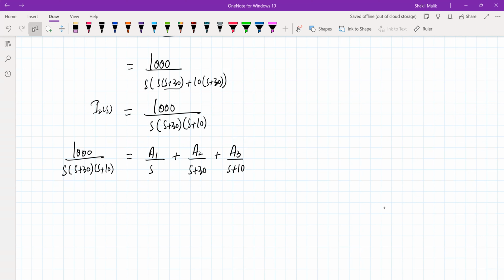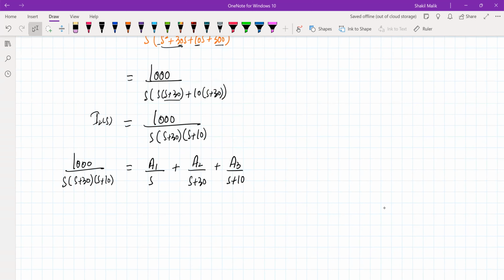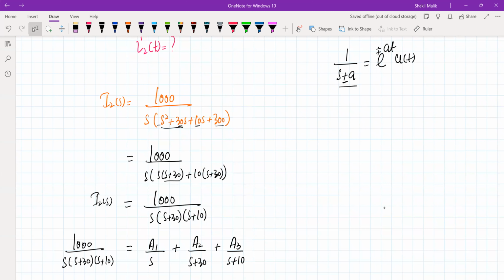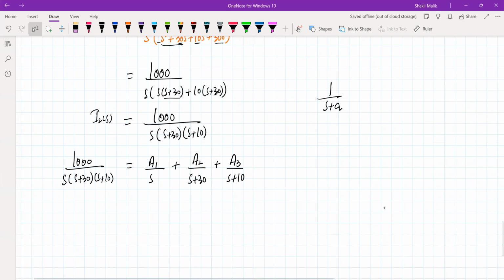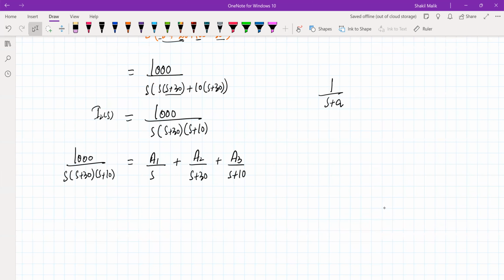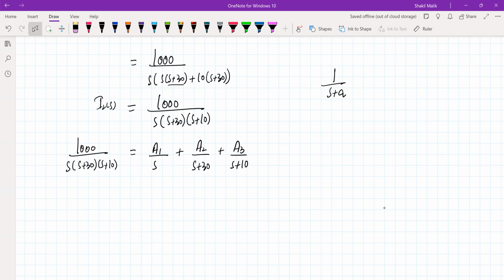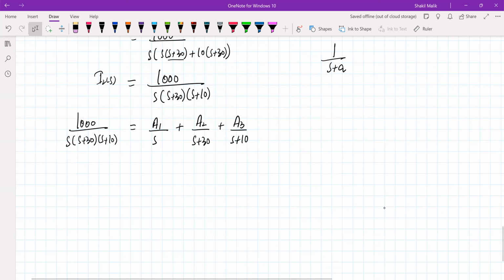Our aim is to get the values of A1, A2, and A3. Then the terms will be in the form of 1 by s plus a.